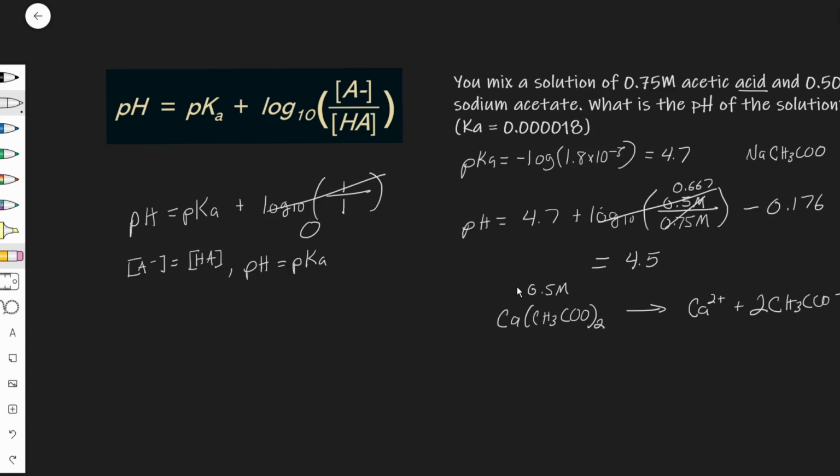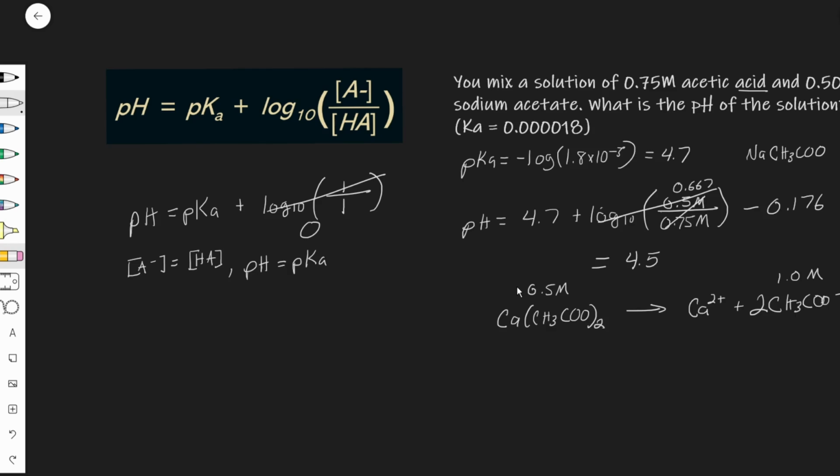And so in this particular case, you got to account for the fact that for every mole of this, there's 2 moles of your acetate ion. And so I would actually have a 1.0 molar solution of this. So you make sure you don't fall into that trap when you're doing this.